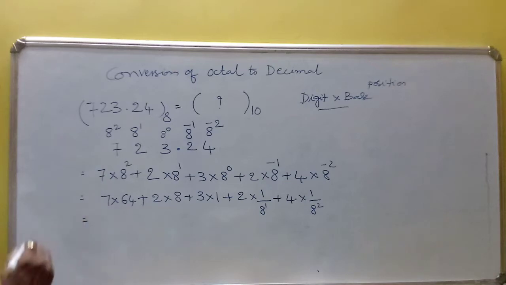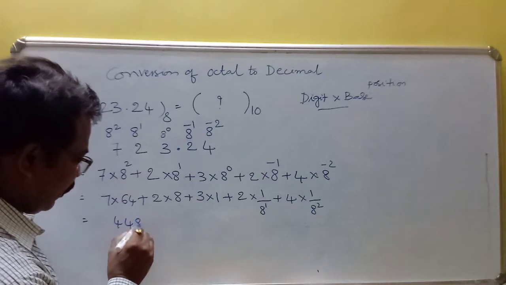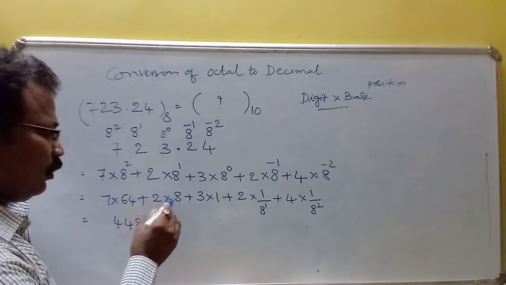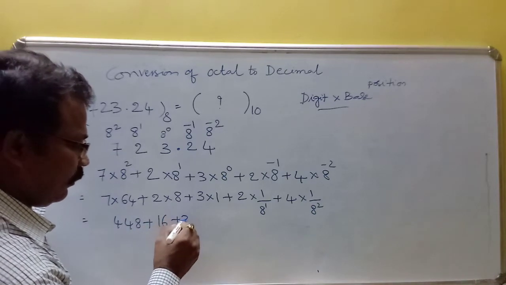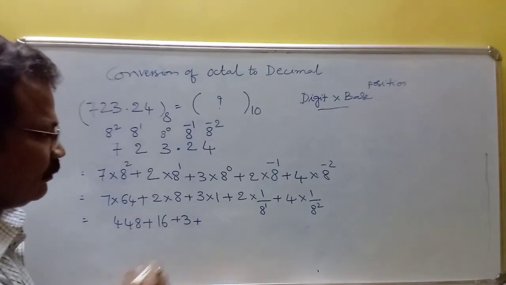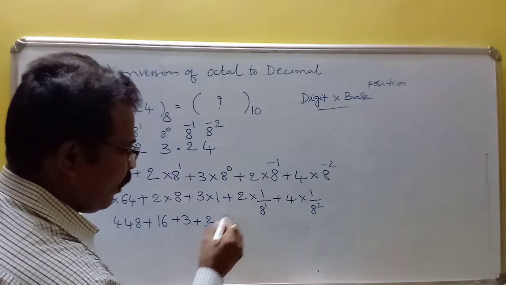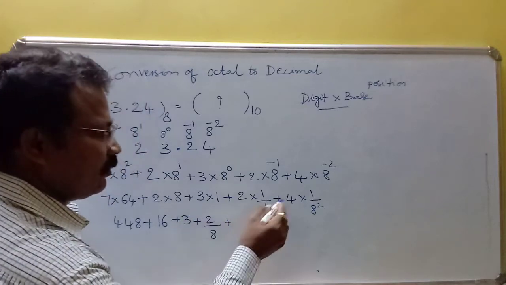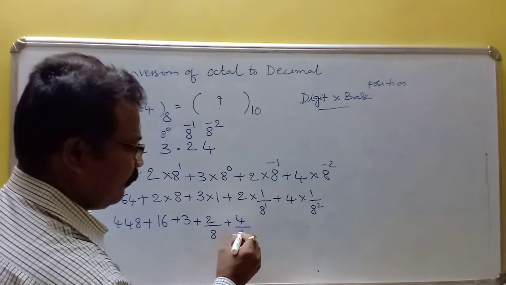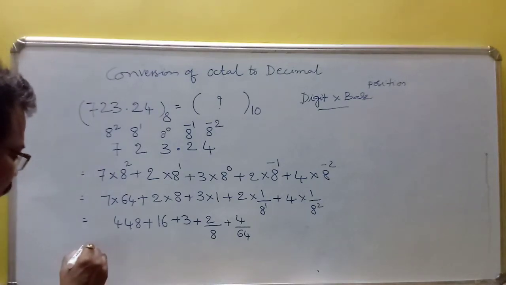Now what happens? 7 into 64, 448, plus 2 into 8, 16, plus 3 into 1, 3, plus 2 by 8 to the power of 1 means 8, plus 4 by 64.